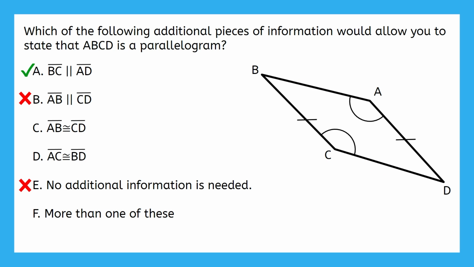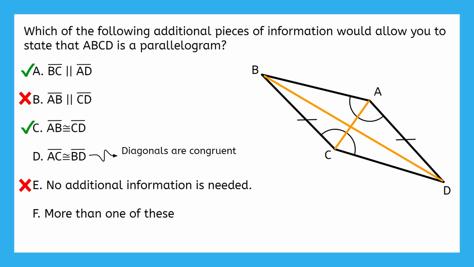Now that you have a feel for how to handle this question, try answer choices C and D on your own. Answer choice C gives us both pairs of opposite sides congruent, which is enough information to say that this is a parallelogram. Answer choice D says AC and BD are congruent. These lines aren't even shown in my picture, but they would be the diagonals. Having congruent diagonals doesn't actually tell me anything about parallelograms.